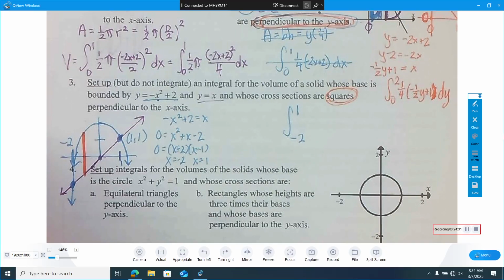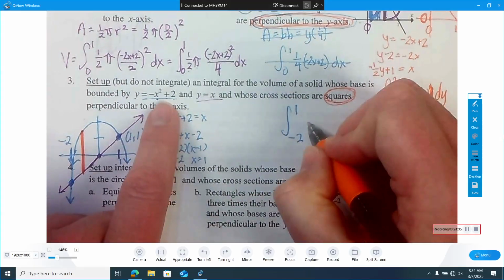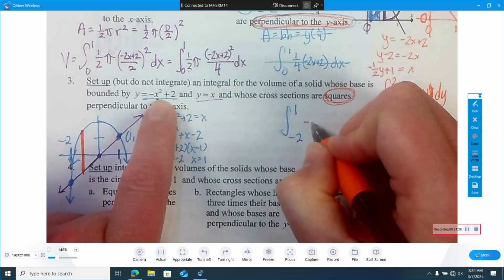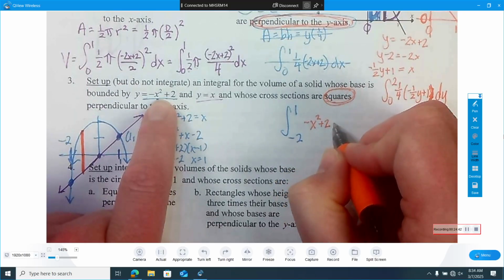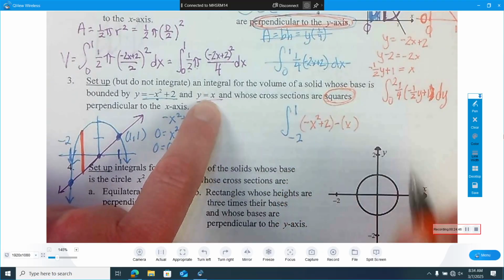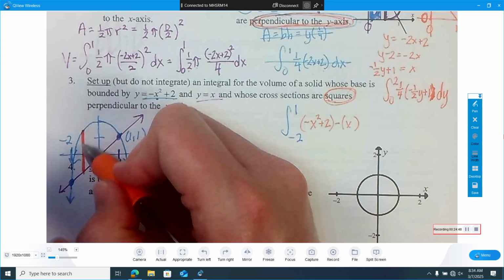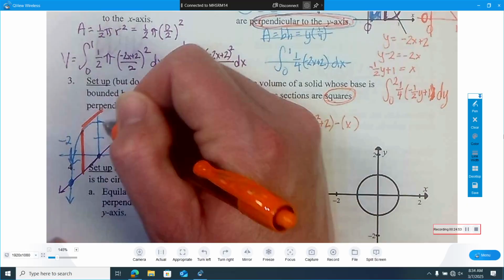Top curve minus bottom curve. Well, the top curve is negative x squared plus 2 minus the bottom. All right, so that's the base of my square, and then it's got to pop off the page.